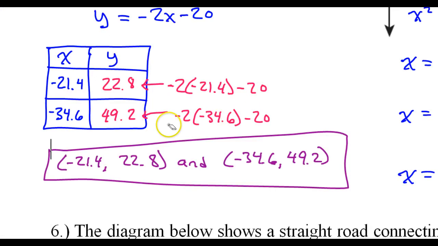Similarly, if I wanted to find this y value, I substitute in negative 34.6 and I get 49.2. And that is why the final answer is that the 2 points of intersection of the path of the thrown ball and the dodgeball circle are negative 21.4 comma 22.8 and negative 34.6 comma 49.2. Here endeth the lesson.